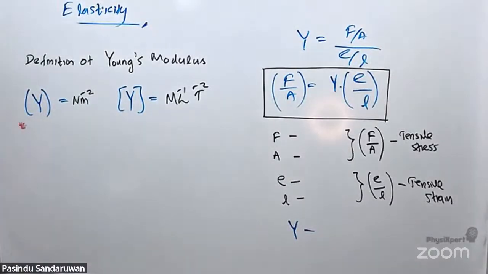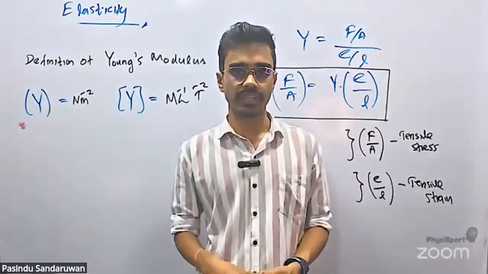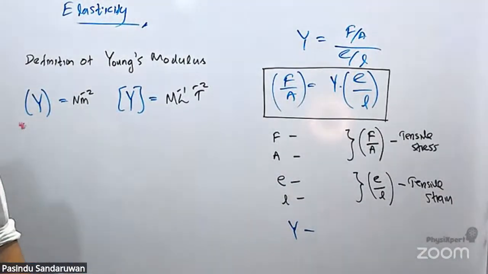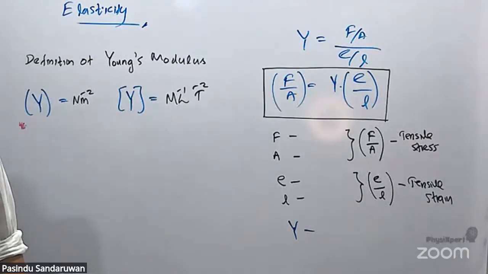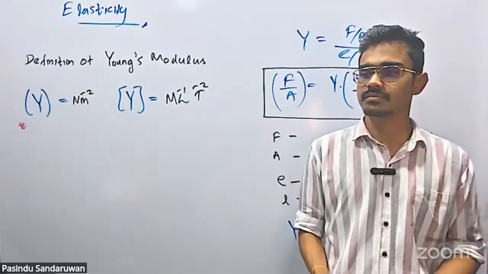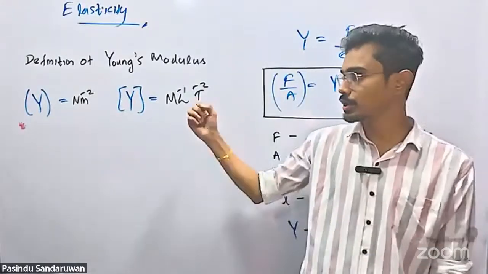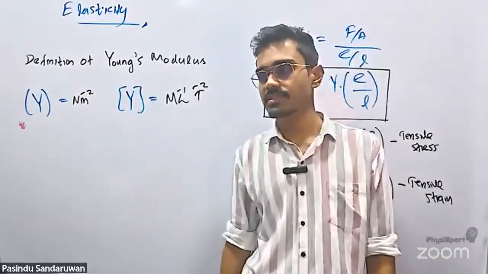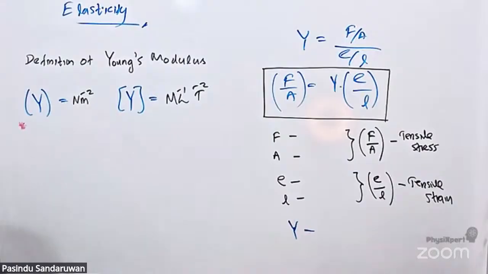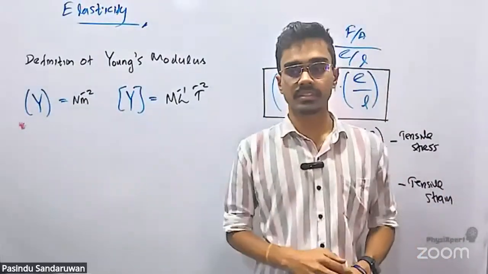With a red pen, put an asterisk mark and write down units and dimensions of any modulus, any stress are equal to that of pressure.